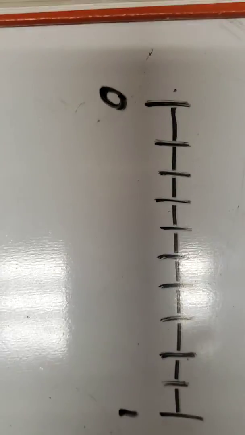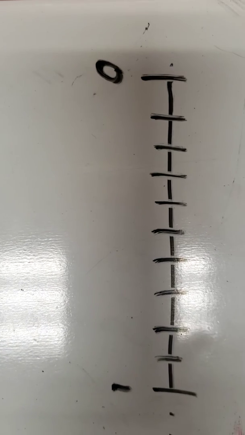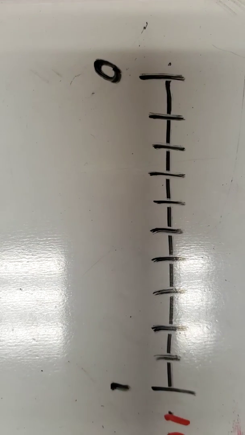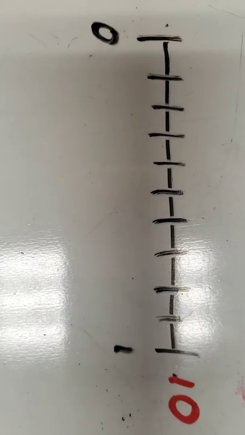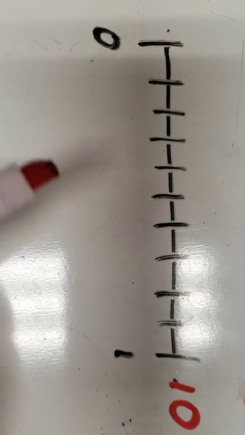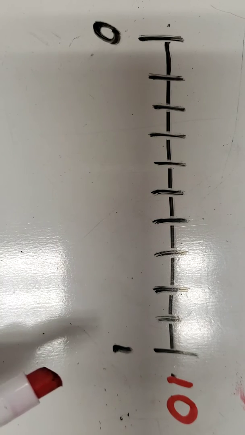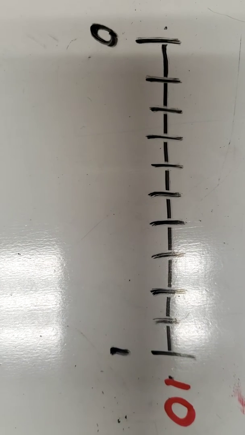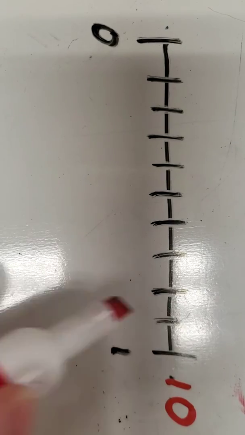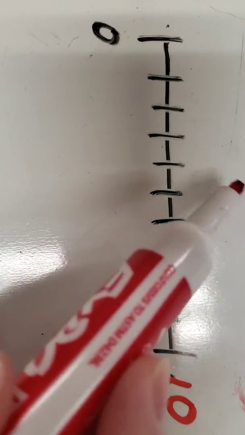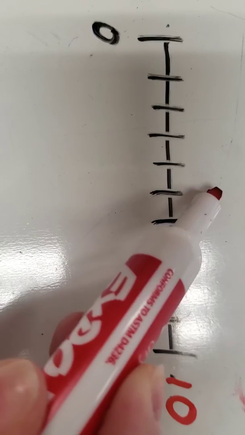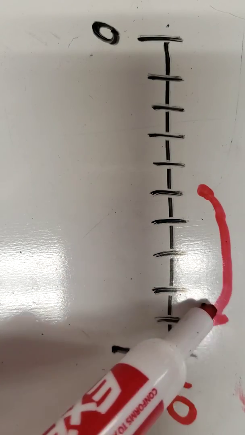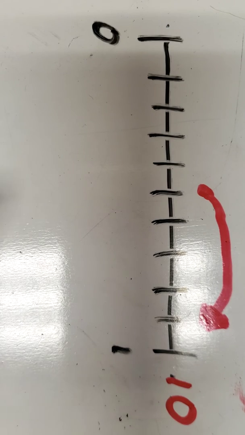Now this number line is set into tenths. So this time, instead of writing all the numbers out, I'm only going to put the numbers that I need. I'm going to start with my arrow first, and my arrow is going to go to the right, which means it's going to be adding.